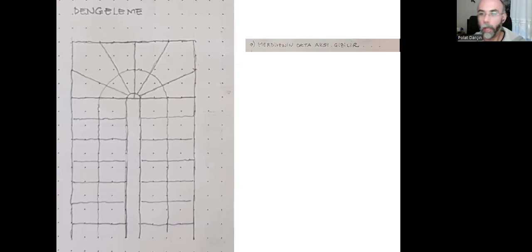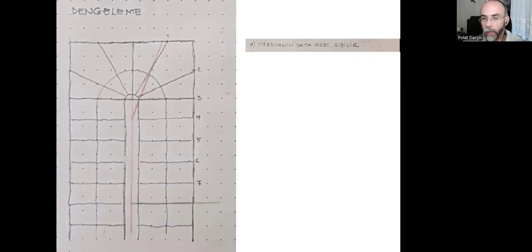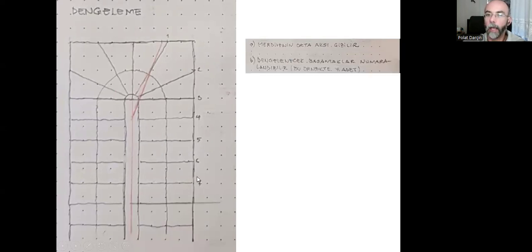The first step, you need to draw a middle axis, a middle line in the middle part of the stairs, that line. If you have already a step here, just make it continuous towards the beginning of the stairs. Draw a line like that. In the second step, you need to give numbers to these steps that you are going to change their angle.